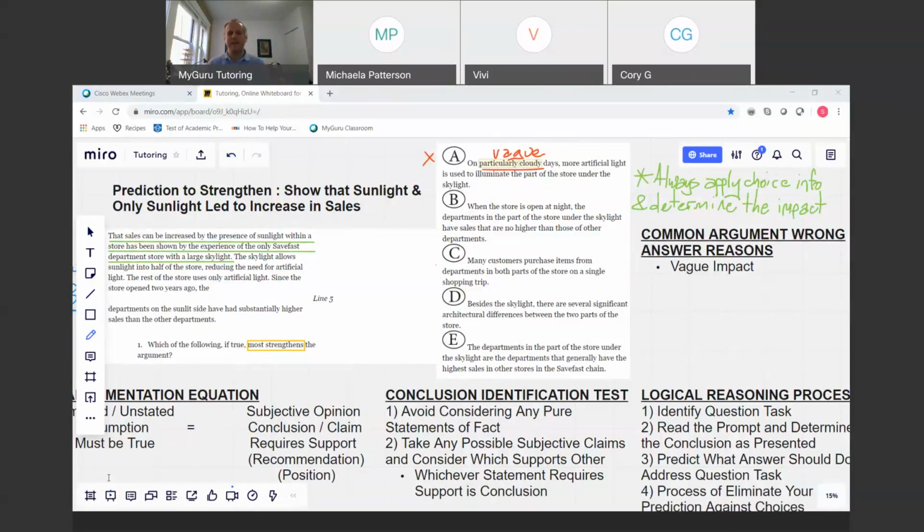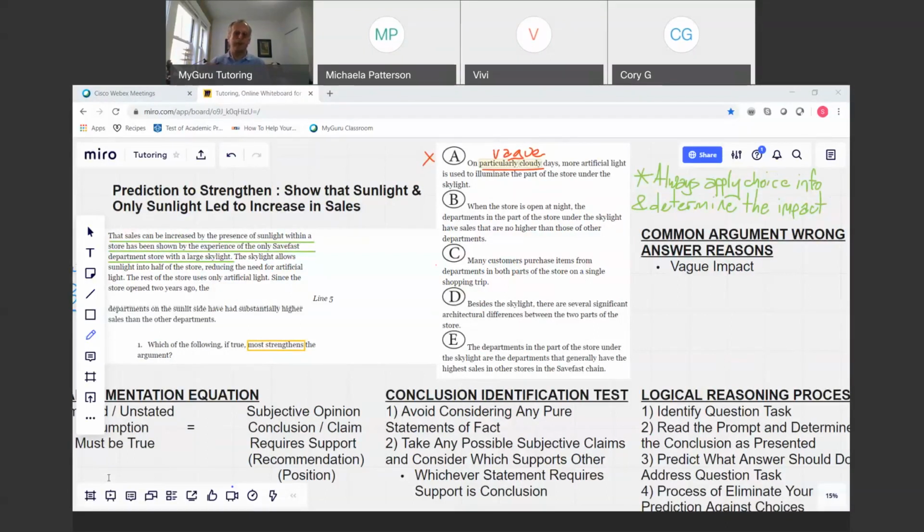Extremely wordy. And there's like a double negative here too, right? So this one is definitely more difficult to apply.